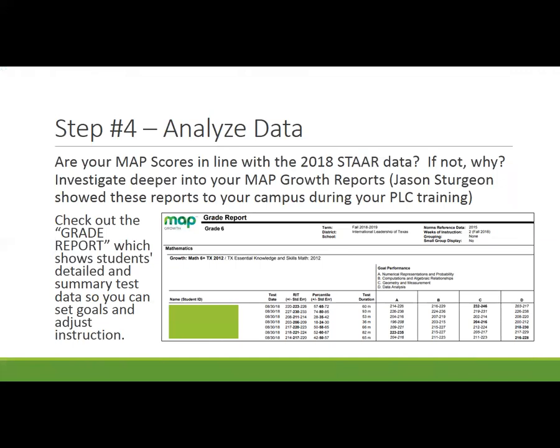One report that I would strongly encourage you to look at is the report that's called Grade Report. This shows students' detailed summary of their test data, and it allows you to set goals for your classroom and adjust your instruction so that all students are being successful at their own level.